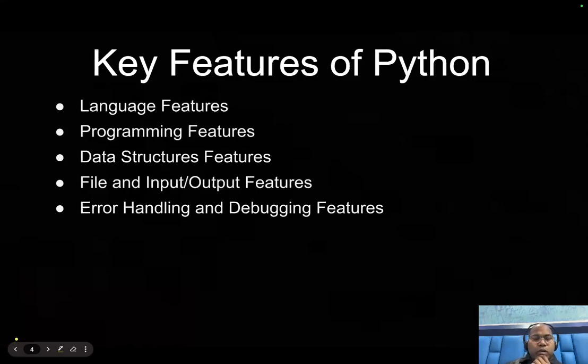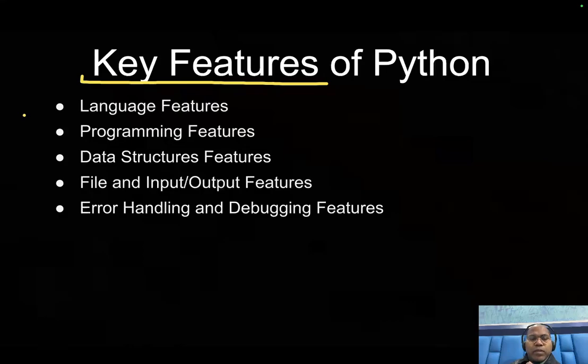So if you talk about the key features of the Python language, what are the basic key features? There are many, but I have just highlighted a couple, grouped by language feature: what are the capabilities from a programmer perspective, from a data structure perspective, from a reading content, data, file or input output perspective. And sometimes whenever you are building applications, you also handle unwanted situations like error handling.